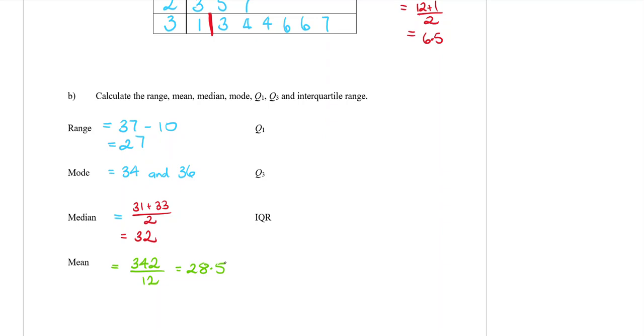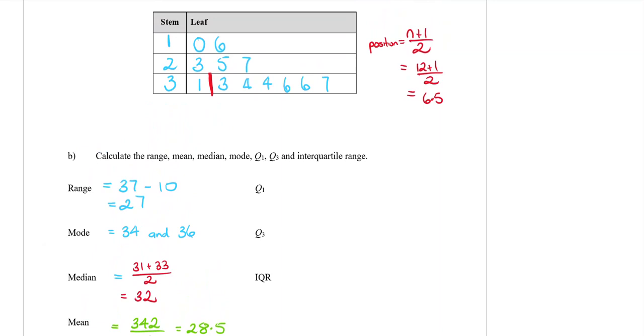Okay, now for the quartiles. I've already got on my stem and leaf this red line, which is my median. To find the Q1, I want the middle of the lower half, and the Q3 is the middle of the upper half. Now, the 6.5 tells me that there's 6 numbers in the lower half and there's 6 in the upper half.